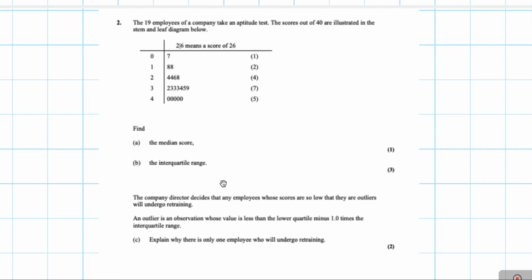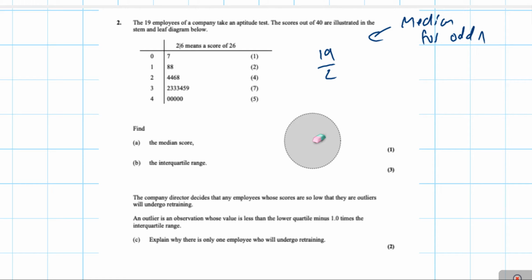So to find the median score in this one, you can do the long method like GCSE, start from the end and count down, but the fastest way is just to do 19 divided by 2 plus 1, which is the median for an odd n.